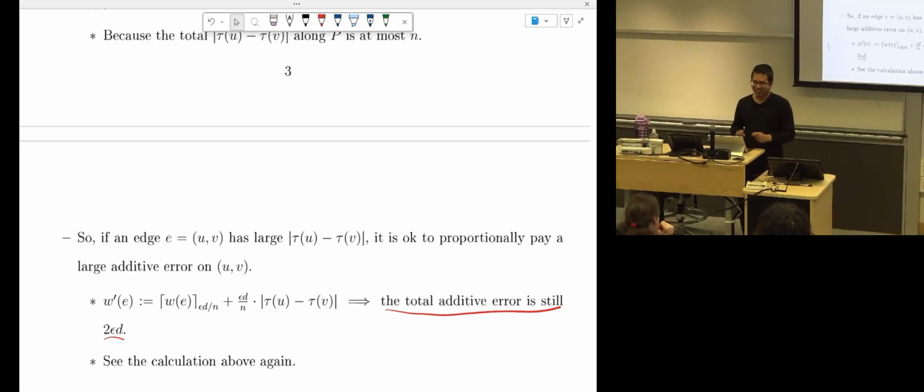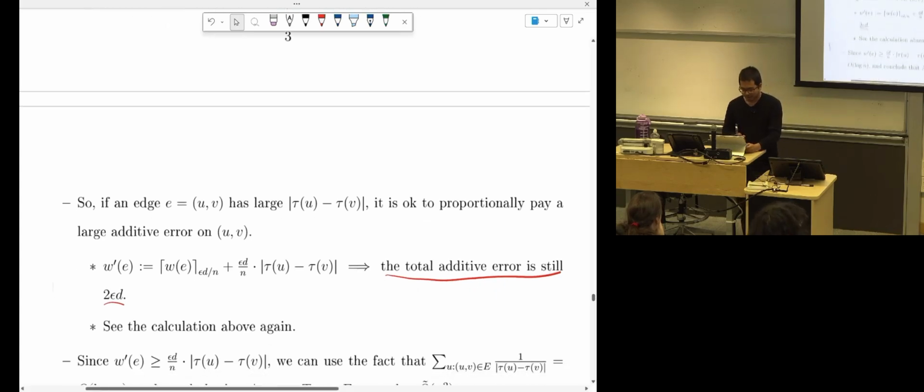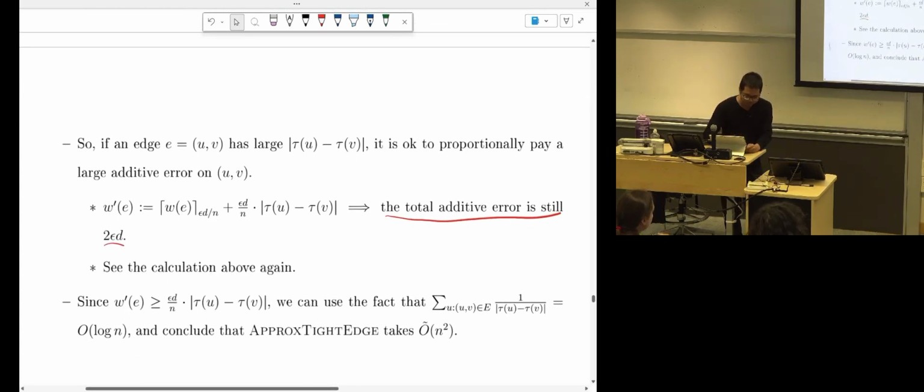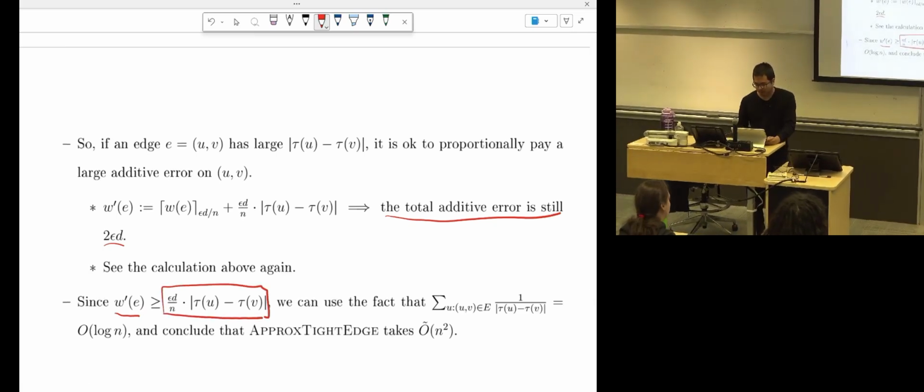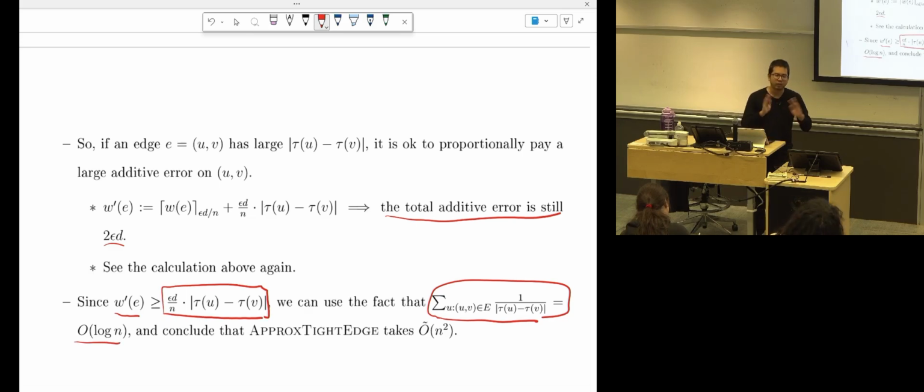Once we do that, the approx tight edge data structure will be faster. And by how fast, we know that every edge has at least this much. And now we use the fact that this sum is at most log n. And from here we can conclude in log squared n time.